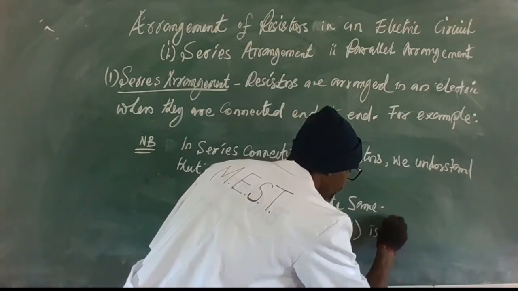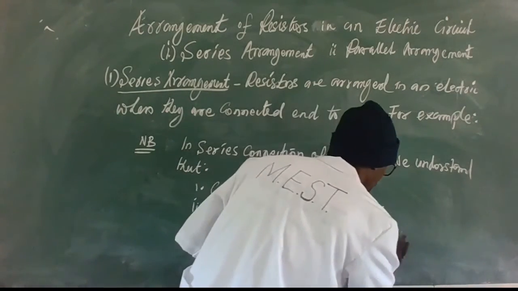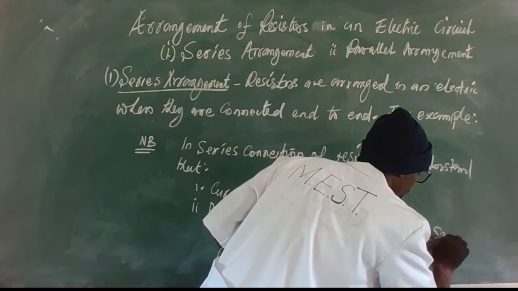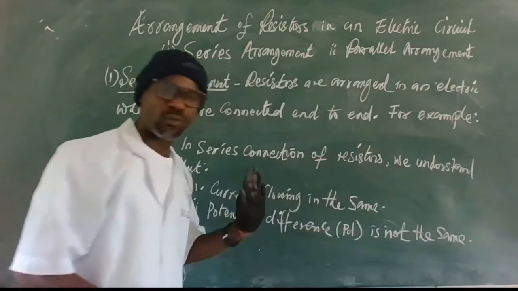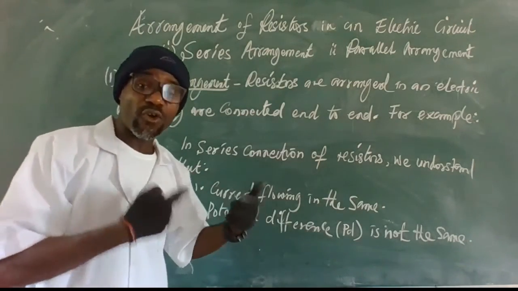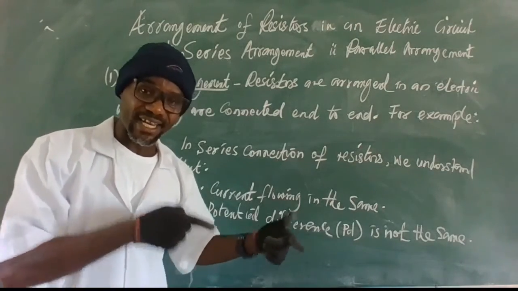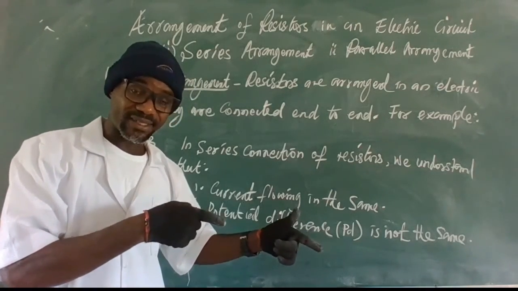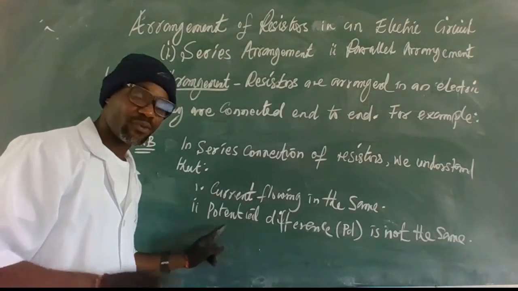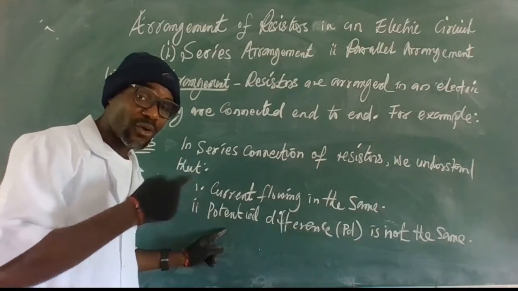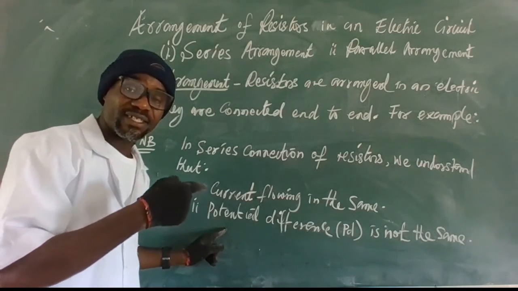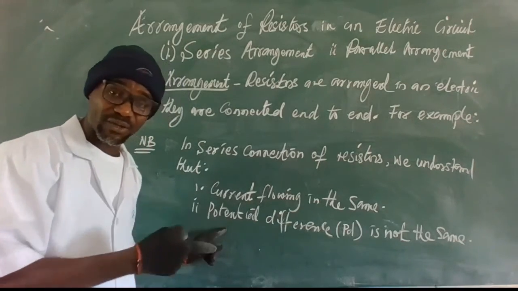It's not the same. Very simple. That's what we need to understand. That the potential difference across each of the resistors connected in series, end to end, is not the same. Take note of this. Potential difference across each of the resistors connected in series in an electric circuit is not the same.